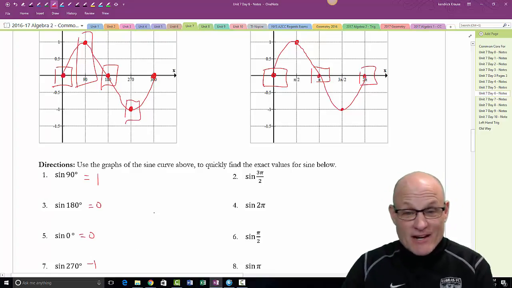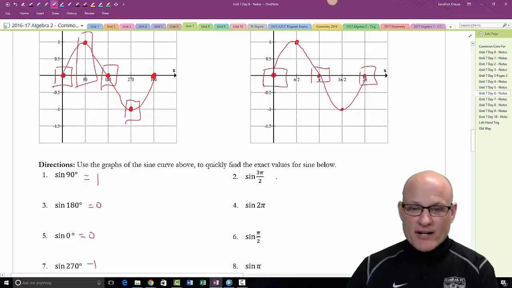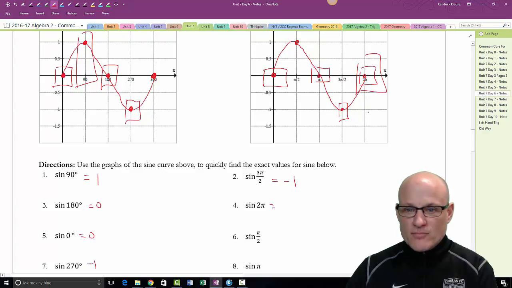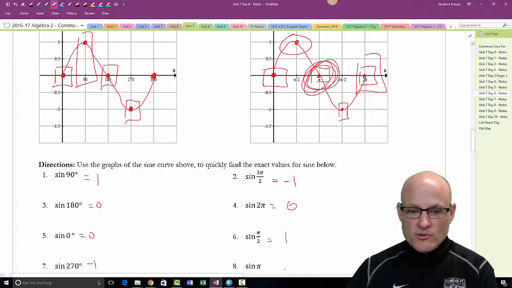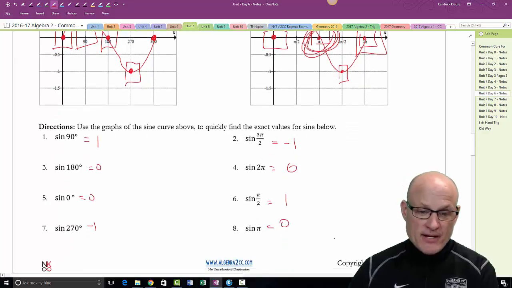So I was able to use that graph to answer those. Now let's do sine of 3 pi over 2. Negative 1. 2 pi. 0. Pi over 2. 1. And the sine of pi. 0. So it's pretty easy to read right off the graph if I graph it correctly.